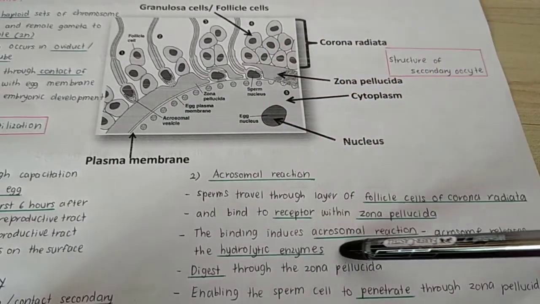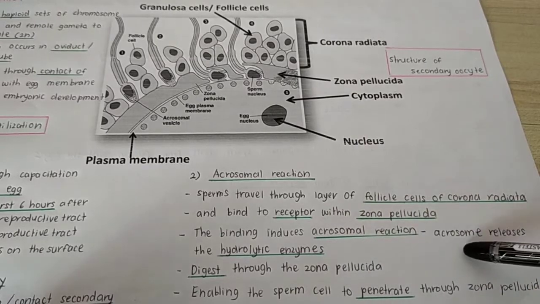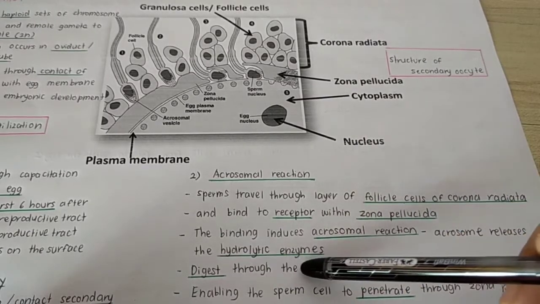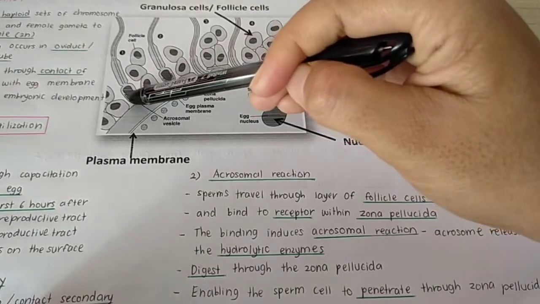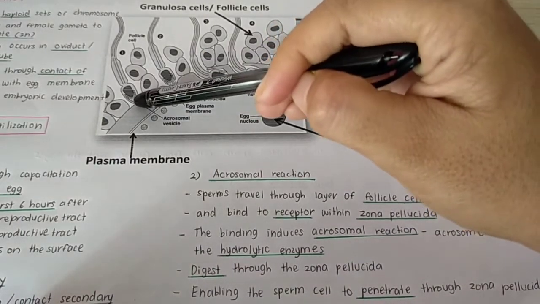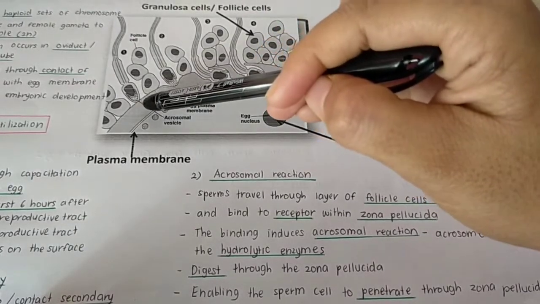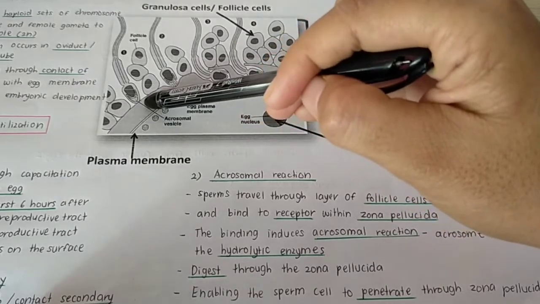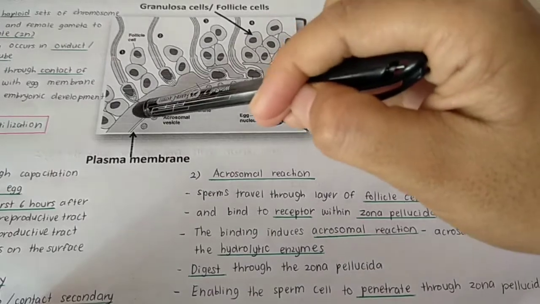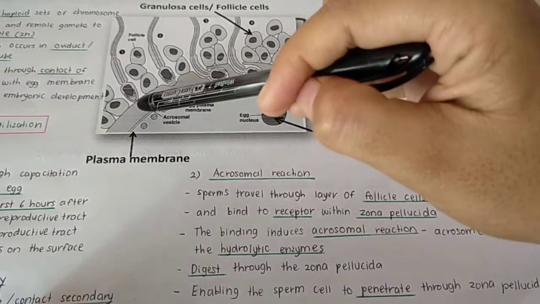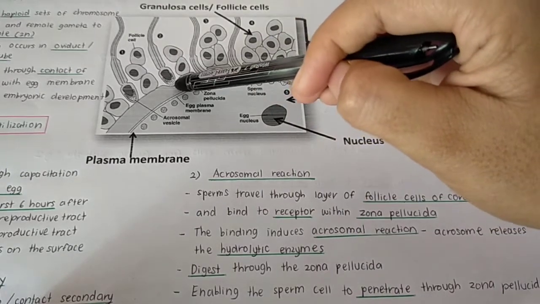Once the sperm binds to the receptors, the binding will induce the acrosomal reaction. So what is the acrosomal reaction? The acrosome releases hydrolytic enzymes. If you look at the sperm head, inside it has the acrosome, and inside the acrosome it has hydrolytic enzymes. Once the sperm binds to the zona pellucida, it induces the acrosomal reaction, and the acrosome will release the hydrolytic enzymes.